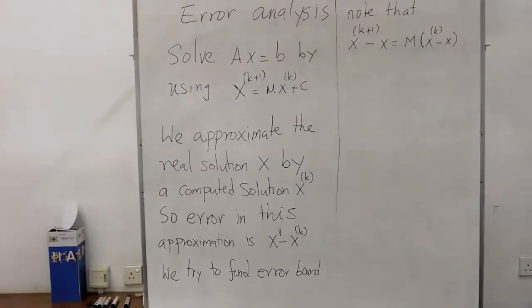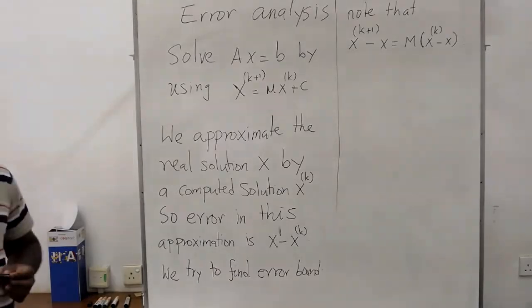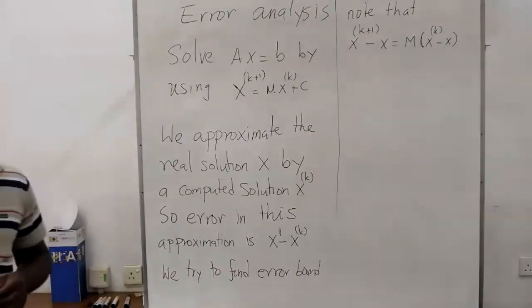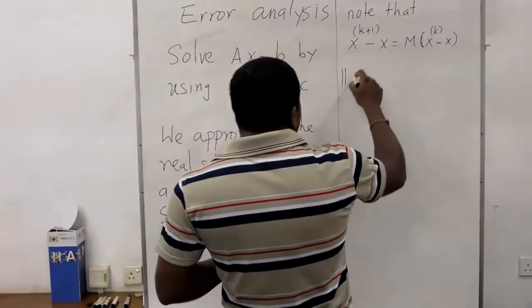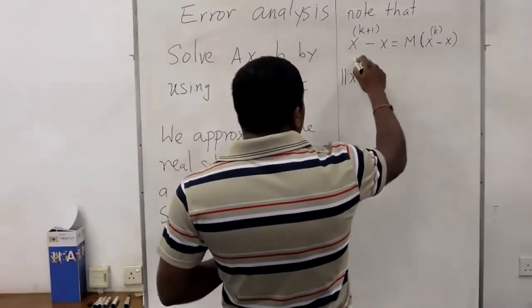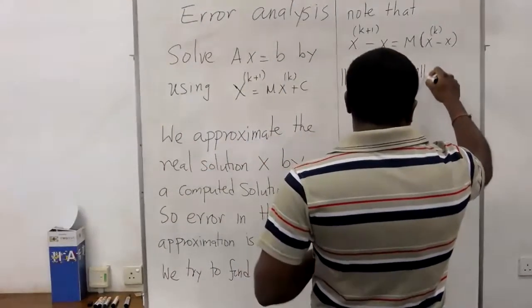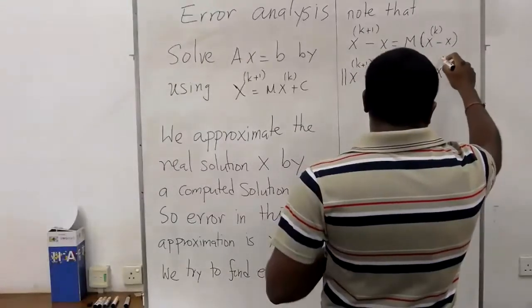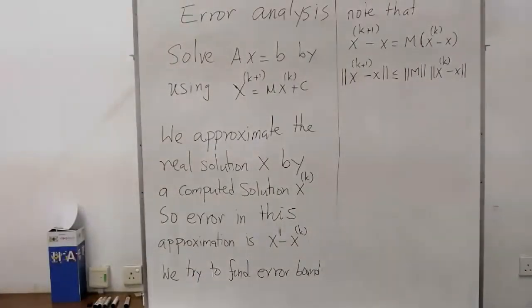So when you subtract one from the other, you get xk plus 1 minus x is equal to this. So what you do is you take the norm on both sides, like the length, the size of those vectors. When you take the norm of the vectors, you get norm of xk plus 1 minus x is less or equal to norm of m times norm of xk minus x, right?